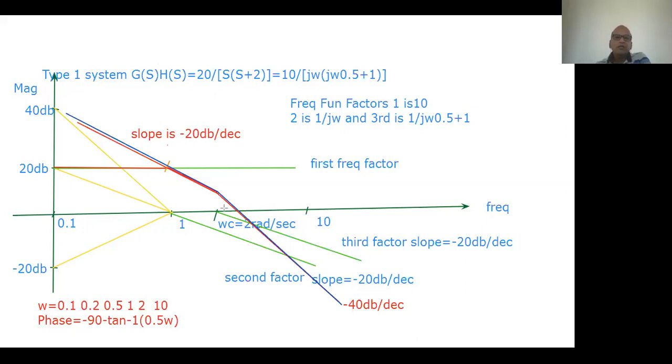If you observe the previous Bode plot, for type 0 the initial slope is equal to 0. If type 1, the initial slope is minus 20 dB per decade. If you consider j omega squared, that is a double pole at the origin, the initial slope of the curve is minus 40 instead of minus 20.